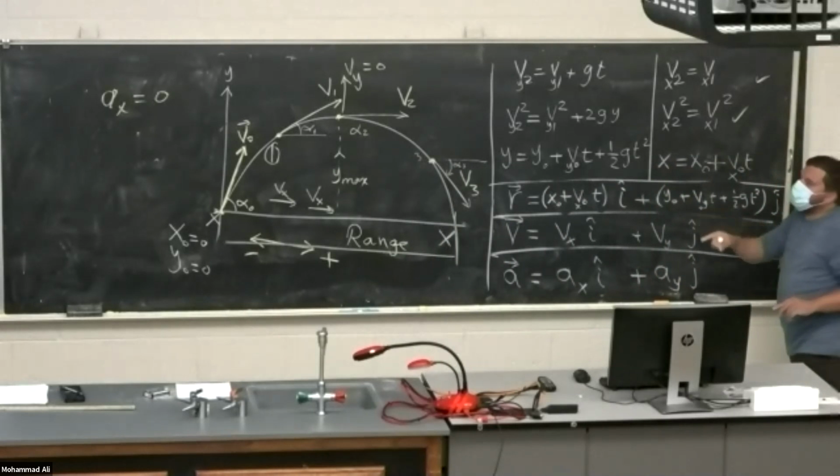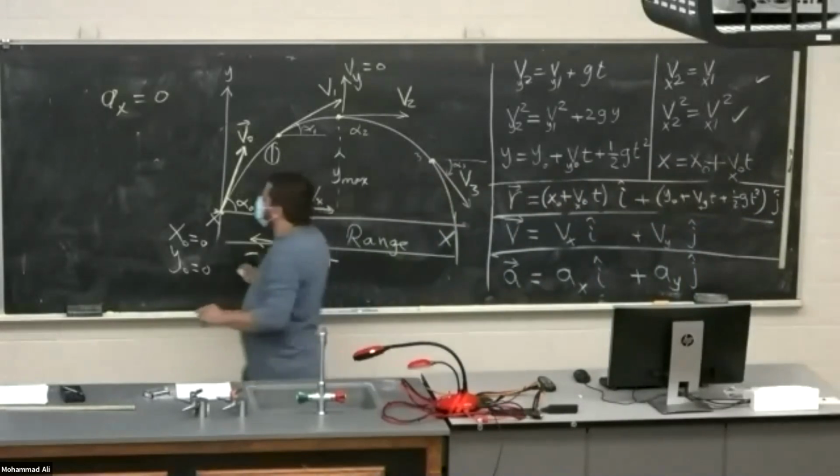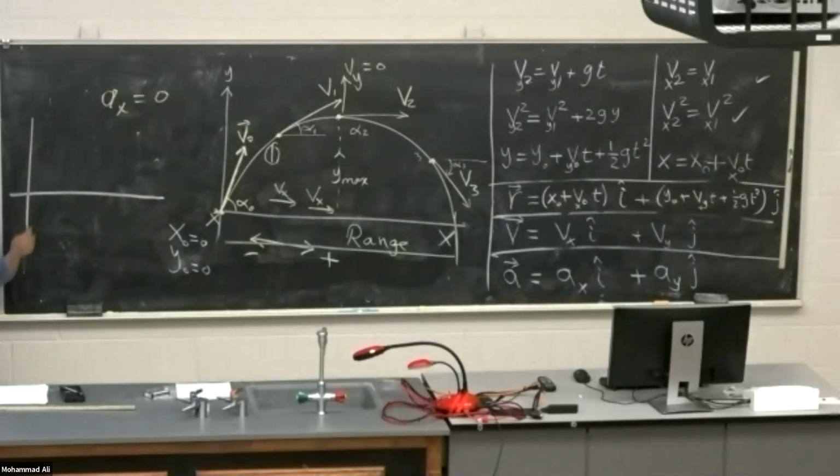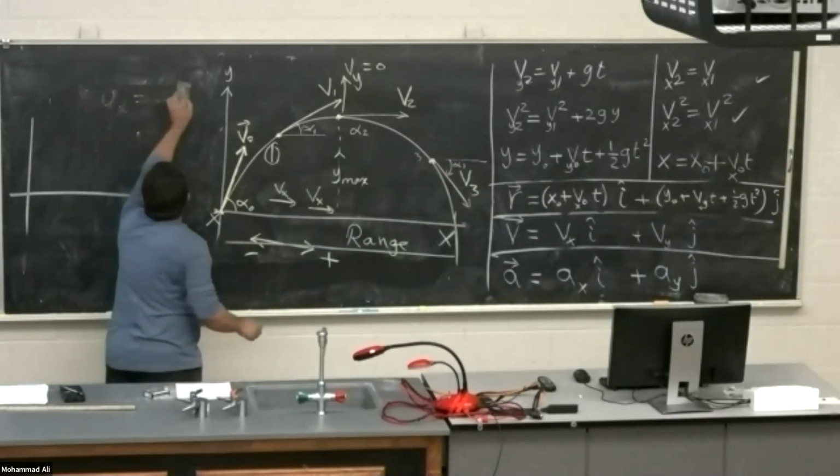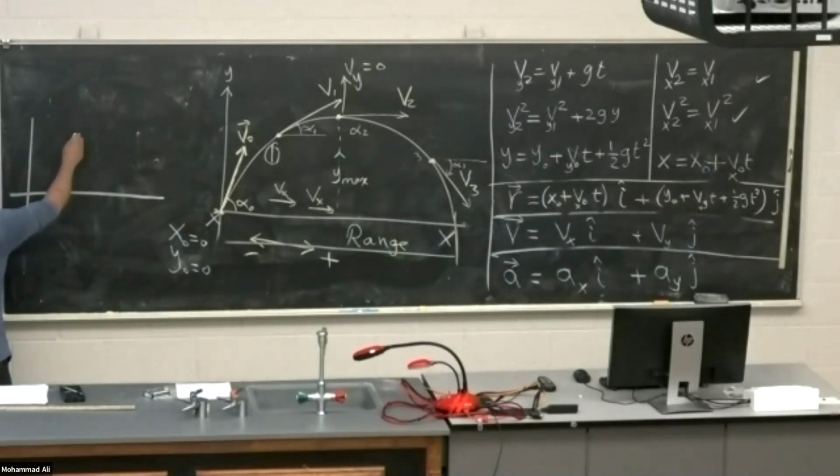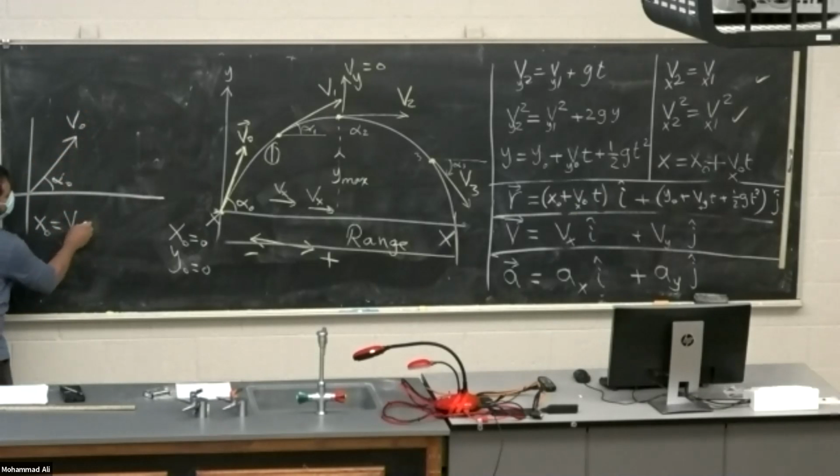Okay, what is Vy and Vx? It's simple. You know that from before. It is a vector operation. This is V naught. This is alpha naught. What is X naught? It is V naught cosine alpha naught.